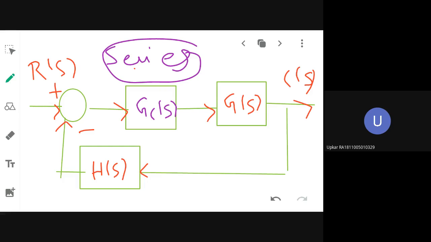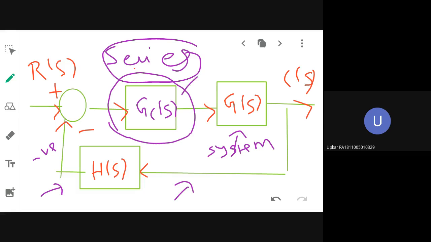This is the block diagrammatic representation, and the G(s) here is your original system, actual system. It is a negative feedback system. H(s) is your feedback transfer function. So to this original system you are adding an extra component here. Gc(s) is your compensator that you are adding, and it is added in what manner?